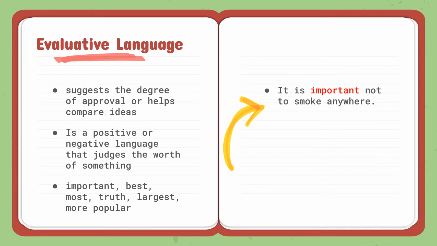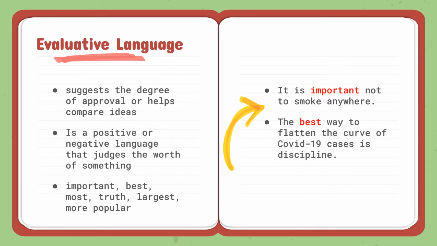Let's have an example. It is important not to smoke anywhere. The best way to flatten the curve of COVID-19 cases is discipline. Important and best are examples of evaluative language used in these sentences.